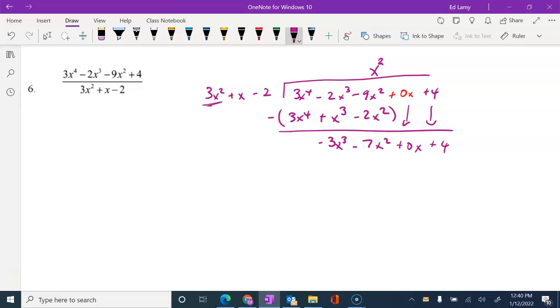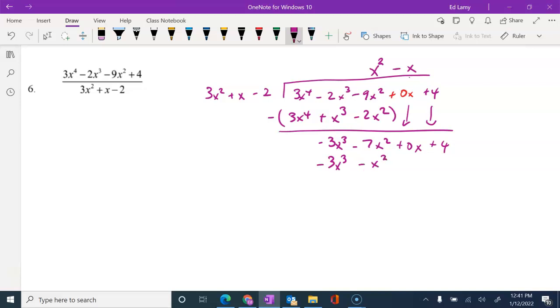What do you multiply 3x squared by to get negative 3x cubed? I hope you would say negative x. Multiply. Negative x times 3x squared would be negative 3x cubed. Negative x times x would be negative x squared.